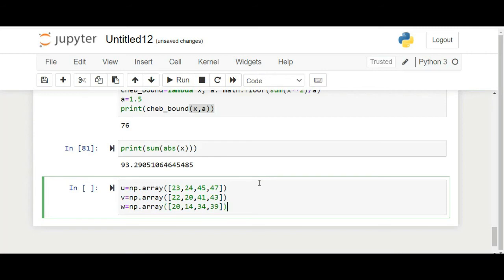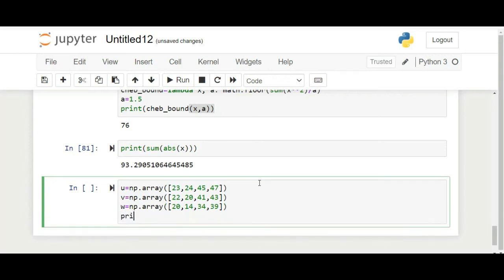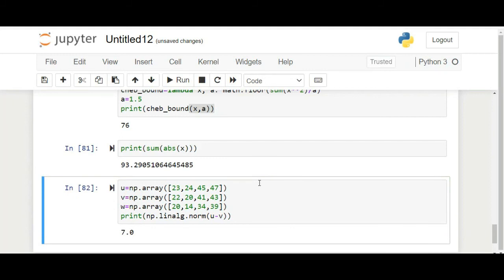After writing these three vectors, we shall print. Inside the parentheses we will write np dot linalg dot norm of u minus v, then we will press control and enter.